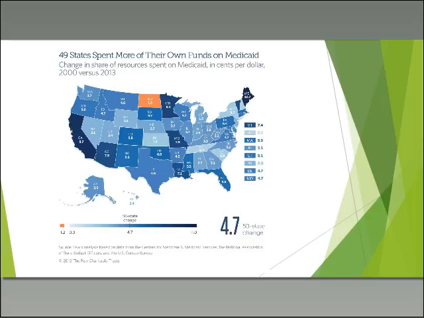Medicaid in 2013 consumed about 1 cent less of each dollar raised by North Dakota, but at least 8 cents more of every dollar generated by California, Maine, and Minnesota. Only in North Dakota did Medicaid spending fall as a share of own source revenue.